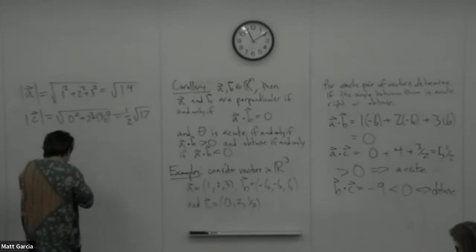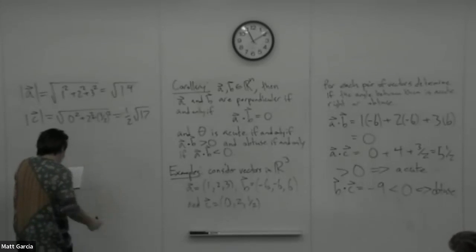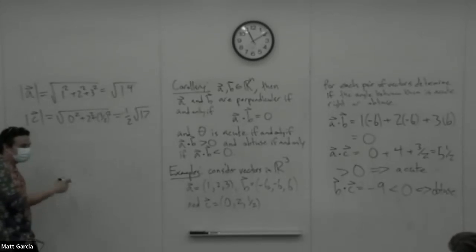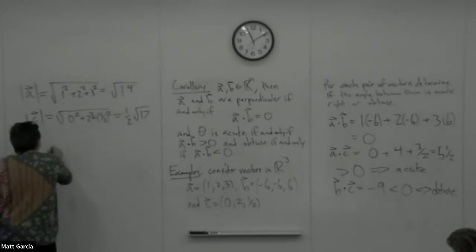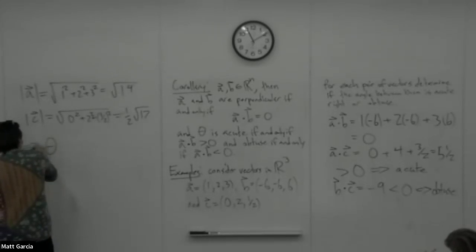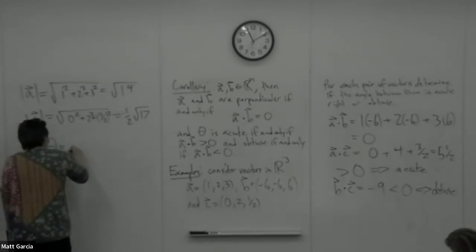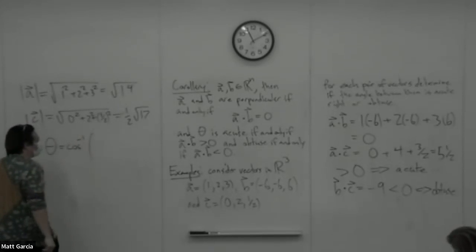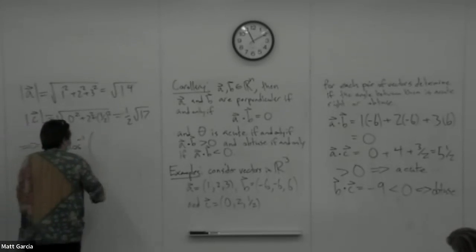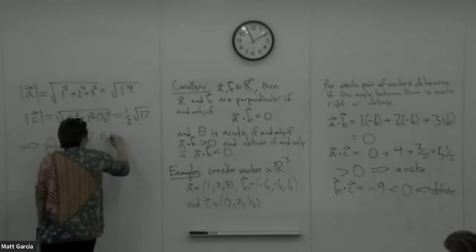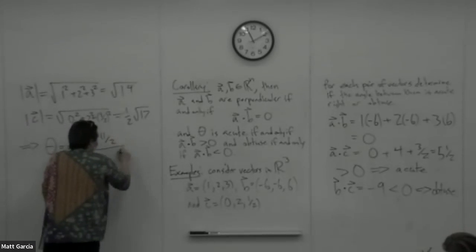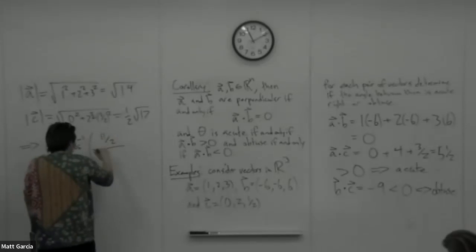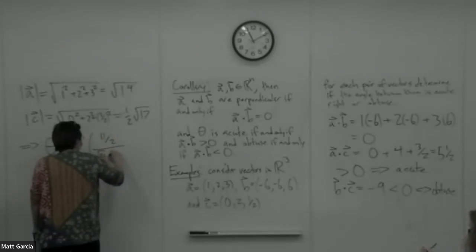Okay, good. And now we can just apply this formula that I wrote a box around before, for the value of theta. This implies that theta is equal to the inverse cosine of the value of the dot product. We computed that before. I'll write it as a fraction now, divided by the magnitude of each multiplied together.